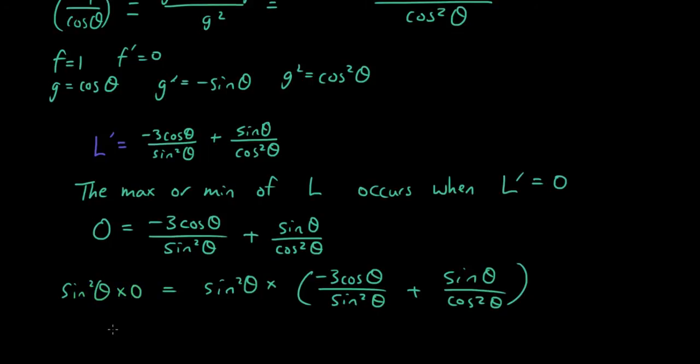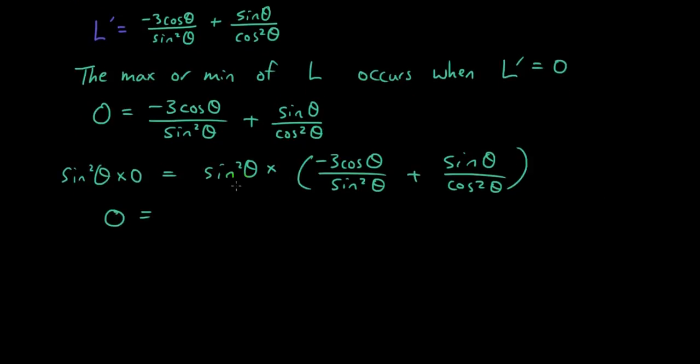On the left hand side it's still 0, and on the right hand side, I multiplied by sine squared theta because it will cancel out with the sine squared theta on the bottom of that first fraction.